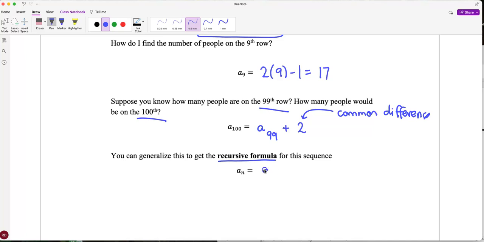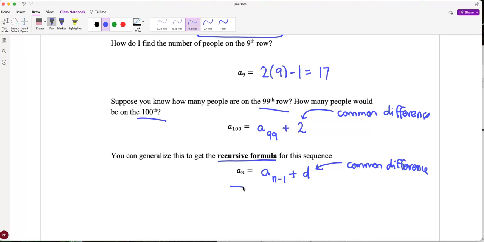So the recursive formula for a sequence is: to find the nth element, you take the element right in front of it, n minus 1, and you add d, which is the common difference. So if you wanted to find the millionth element of the sequence, you would take the 999,999th element and add 2 to it.